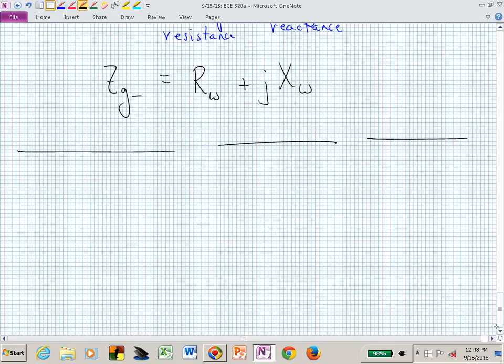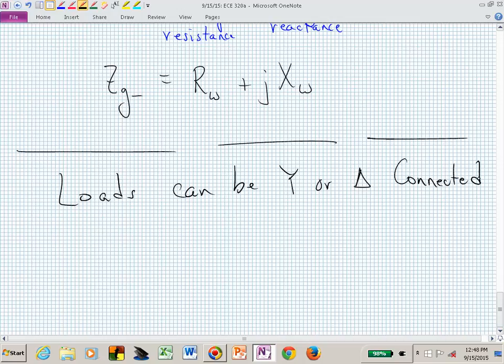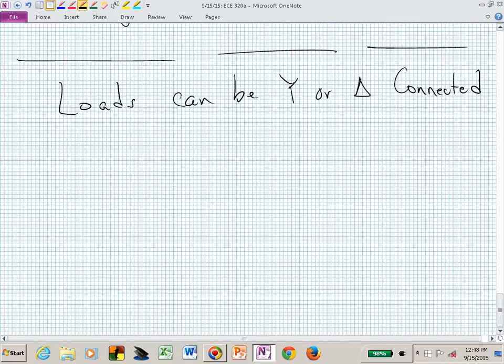And now I will try to remember to capitalize all of my subscripts. Like the sources, these likewise can be Y or delta configured.